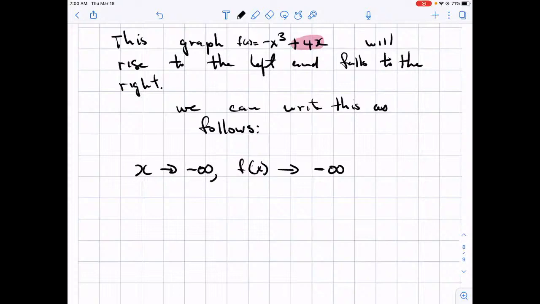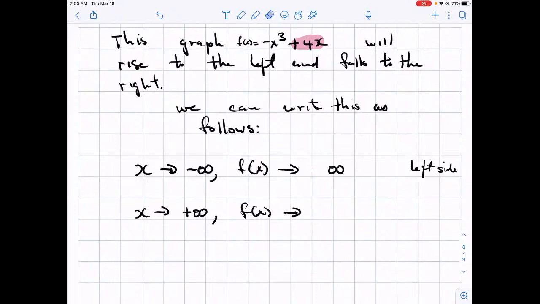So this is the left side. Now we do the right side. As x approaches positive infinity, f of x will also approach, did I do that right? Minus x cubed on the left side. Yes, it goes towards positive infinity.